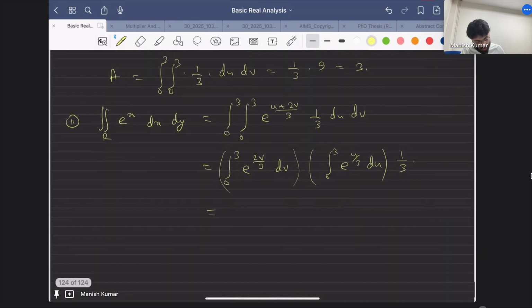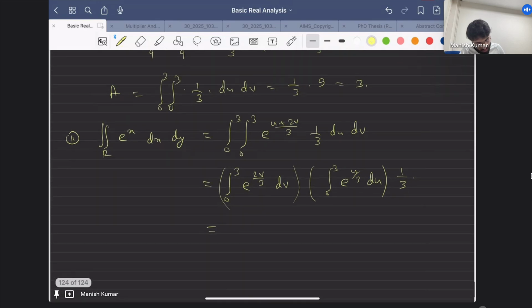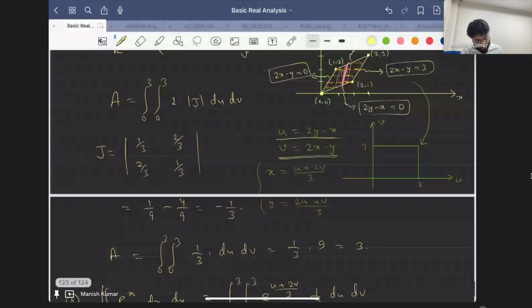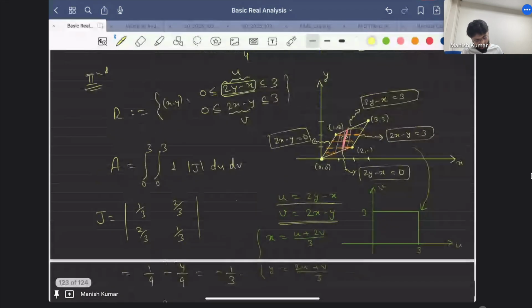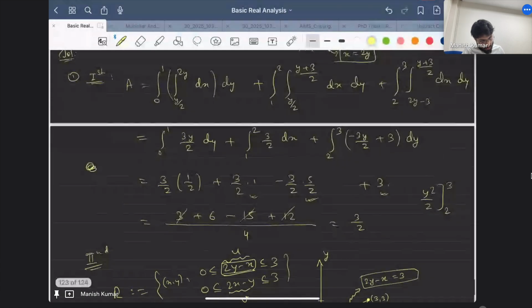Anyway, let's say this. So this would be e raised to 2v by 3 and then 3 by 2, 0 to 3. Sir, I am getting minus 3 by 4 from the last integral. So you are saying 5 by 2 will not come. Why so?